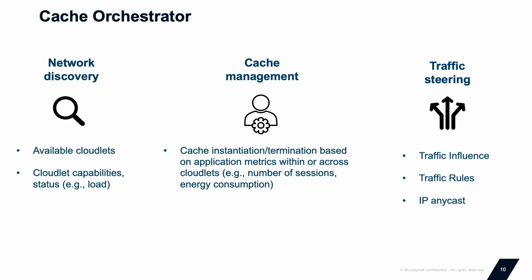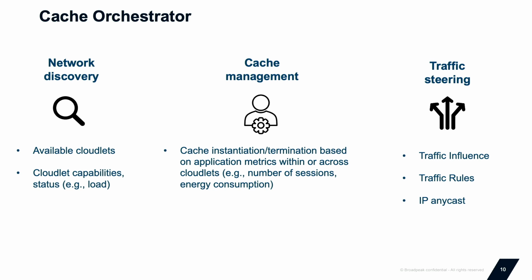On a cloudlet, there are a lot of different applications, for example, CDN, AR/VR, IoT, and so on. So when the traffic from the mobile user arrives at the appropriate cloudlet, thanks to the traffic influence API, the traffic rules are used to tell the edge platform to forward the traffic from the mobile terminal to the appropriate application instance located inside the cloudlet.